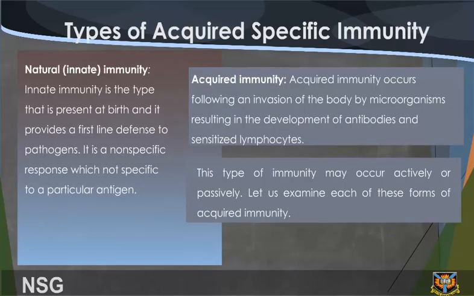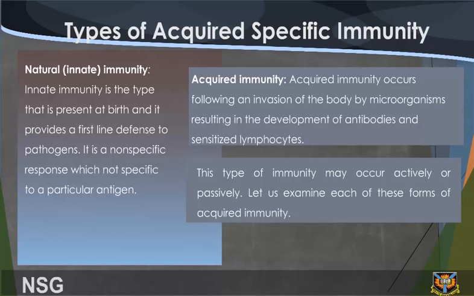Natural innate immunity. Innate immunity is the type that is present at birth, and it provides a first-line defense to pathogens. It is a non-specific response which is not specific to a particular antigen. Acquired immunity.